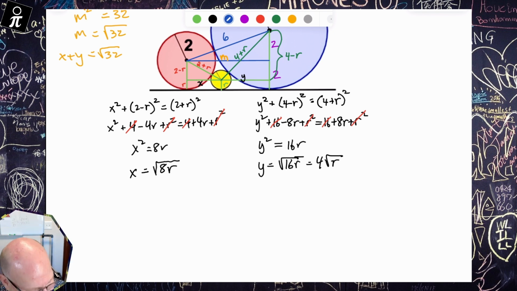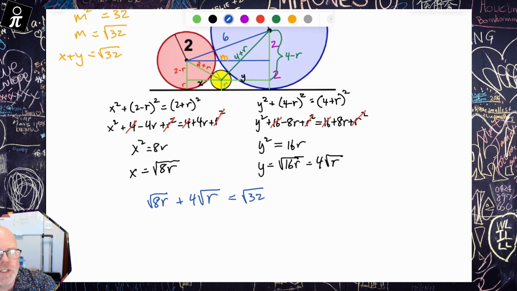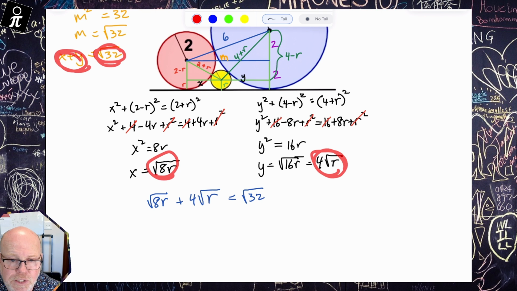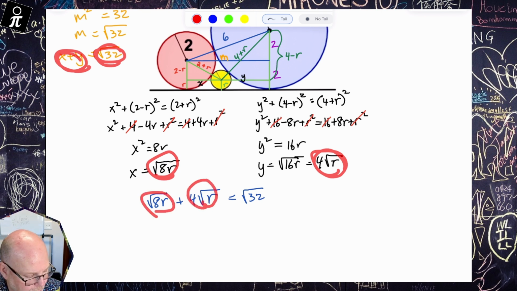So we've got the square root of 8r plus 4 square root of r, and that equals the square root of 32. And how did we do that? Because we said this is x, this is y, and we knew that x plus y is equal to the square root of 32.